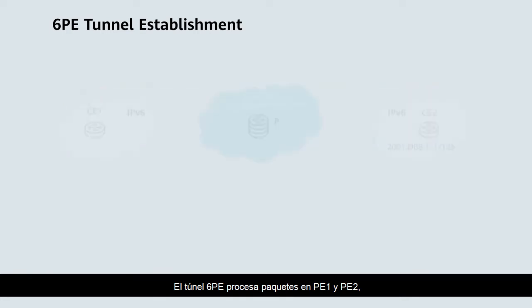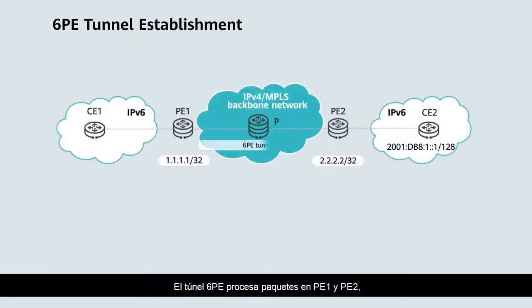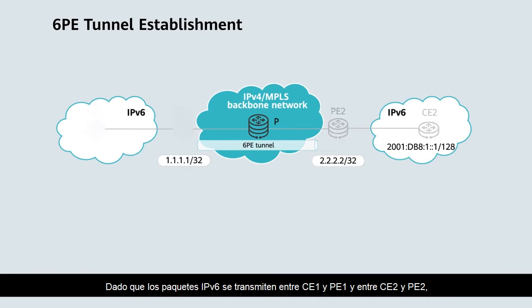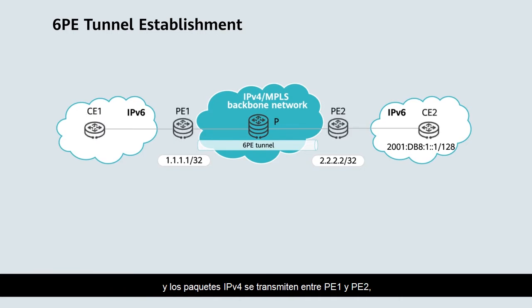The 6PE tunnel processes packets on the PE1 and PE2, which are two border nodes. Other nodes, such as CE1, CE2, and the P, are unaware of the tunnel. Because IPv6 packets are transmitted between CE1 and PE1, and between CE2 and PE2, and IPv4 packets are transmitted between PE1 and PE2, PE1 and PE2 must be able to process both IPv4 and IPv6 packets.